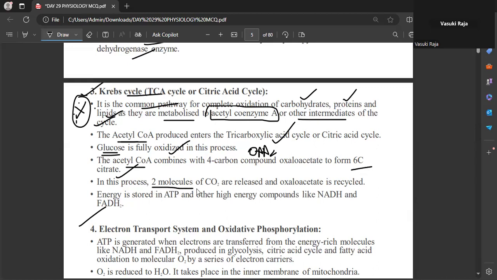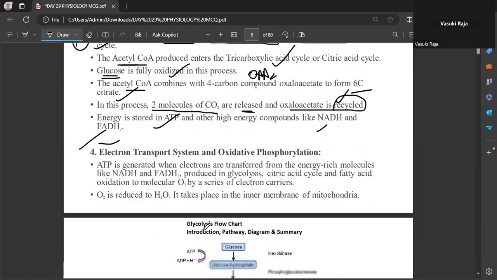In this process 2 molecules of carbon dioxide are released. The oxaloacetic acid will be recycled and the cycle continues. Here the energy is stored in ATP and high energy compounds like NADH and FADH2. Everything will be produced in the citric acid cycle.